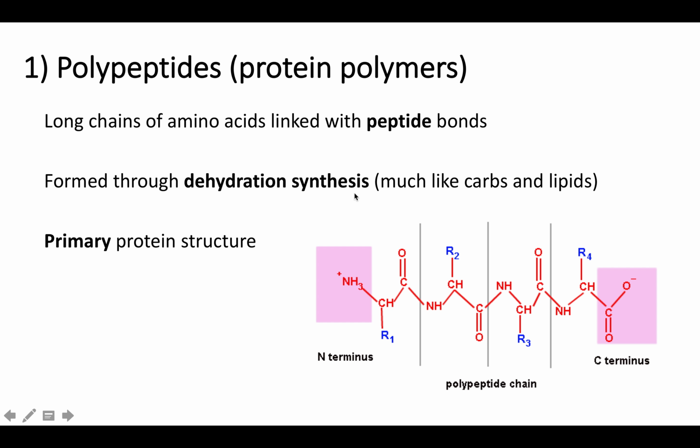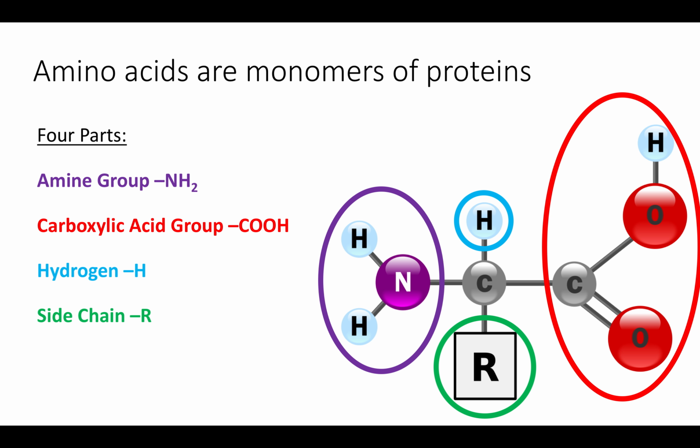Carbs and lipids do the same thing. It's when water is removed, dehydration, to synthesize a new molecule. The protein packet I handed out does a good job of walking you through this, but imagine the OH of one amino acid and the H of another amino acid are removed, and in that space, a bond is made between those 2 amino acids.